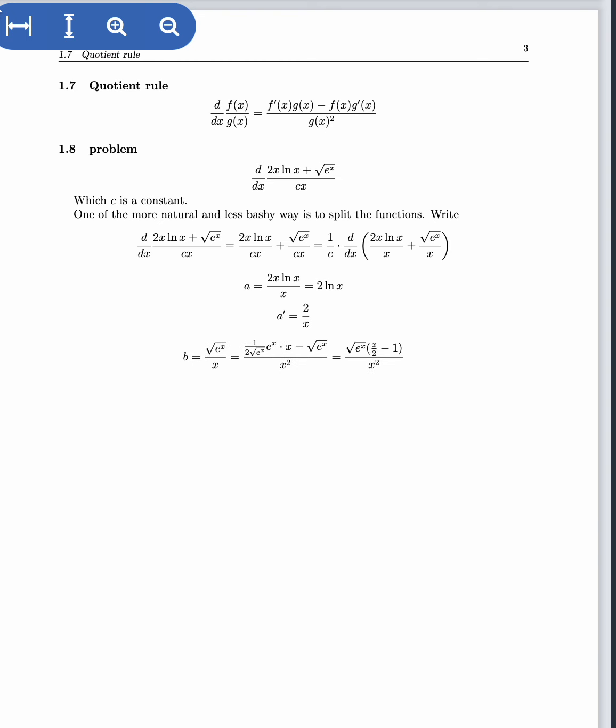And this is basically our desired derivative for part b.